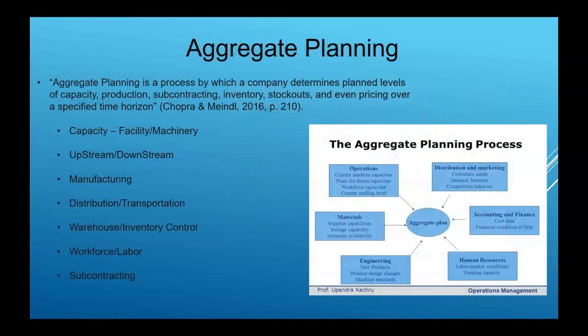Now, aggregate planning is a process by which a company determines capacity, inventory, production, and subcontracting. So it is recommended that Grandma's Apple Butter utilize a hybrid between a level strategy, which uses inventory as the lever, and a flexibility strategy.